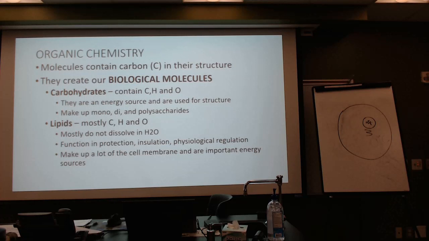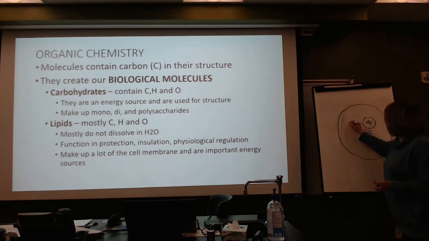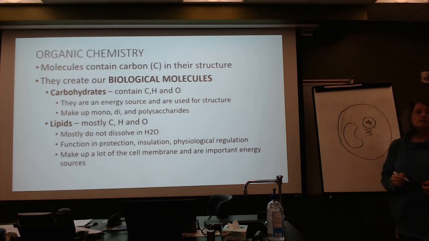Does anybody know what organelle in the cell that occurs in? It's going to occur in the mitochondria. It's kind of something that's kidney bean shaped, all right? Are y'all familiar with mitochondria in any way?